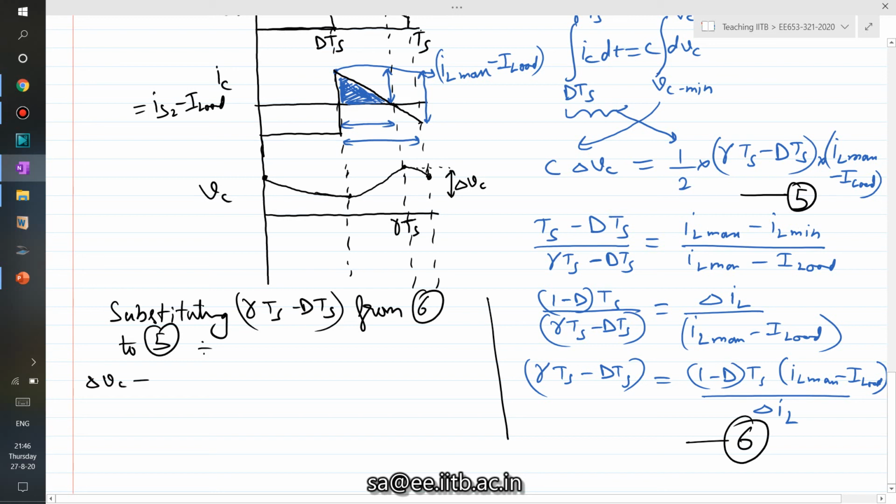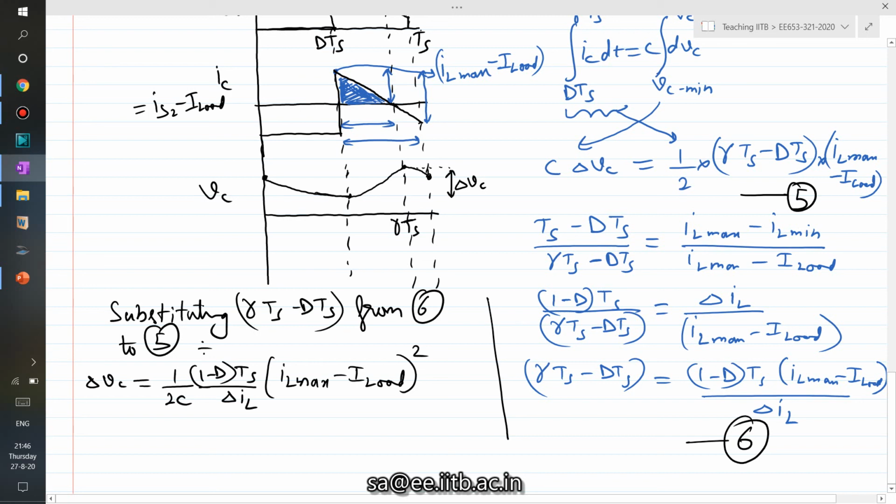delta Vc is equal to 1 upon 2C, 1 minus d Ts by delta IL into IL max minus I load square, right?